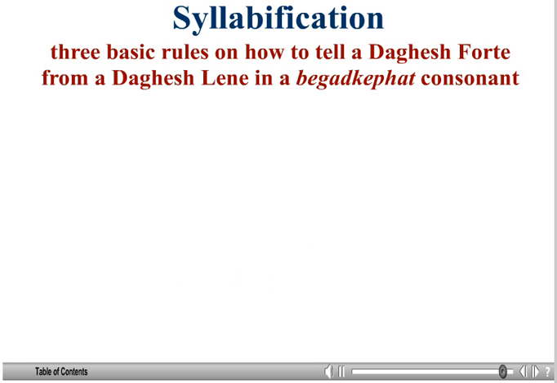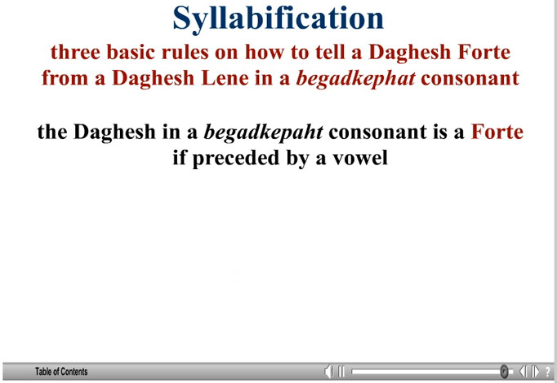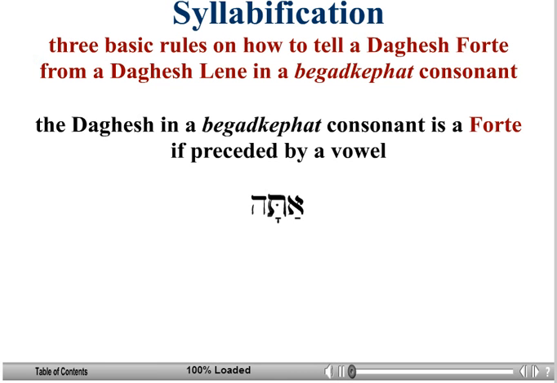Number one, the Dagesh in a Bagad Kafat consonant is a forte if preceded by a vowel. Let me repeat that. The Dagesh in a Bagad Kafat is a forte if preceded by a vowel. Again, look at the word atta. Tau is a Bagad Kafat consonant.